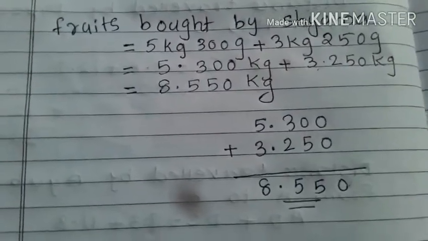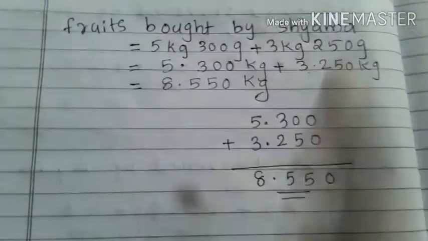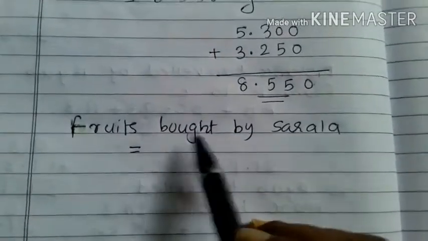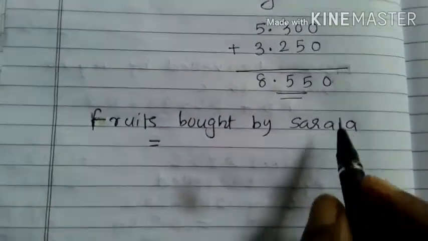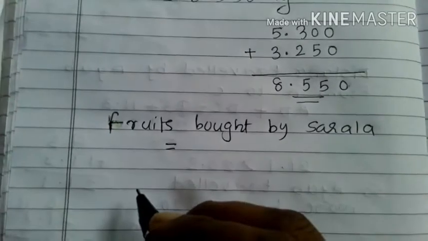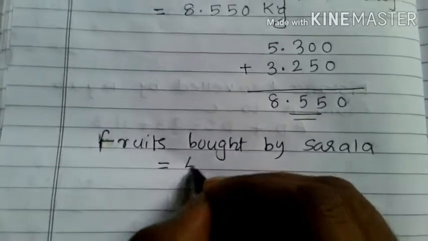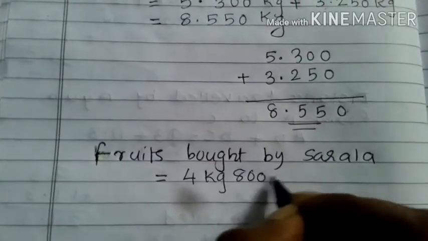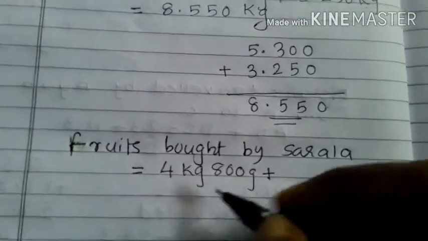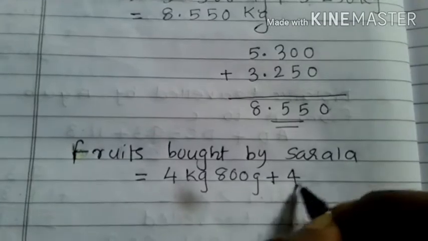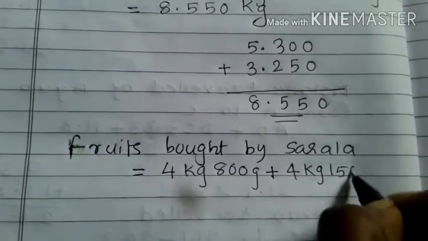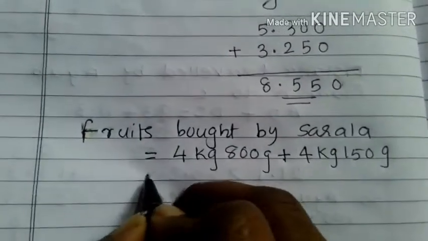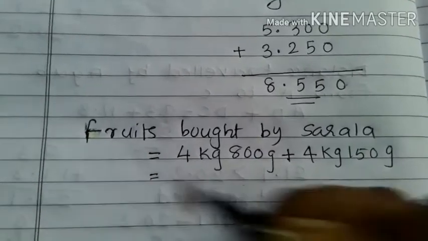Then we have to find out fruit bought by Sarala. Fruits bought by Sarala: 4 kilogram 800 gram plus 4 kilogram 150 gram. Then add the numbers.